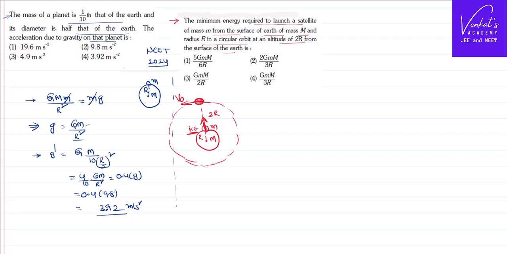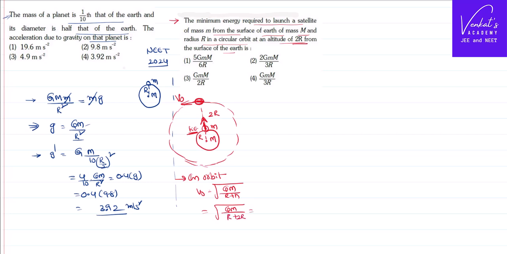So we can use conservation of energy. First of all, being in orbit, it has an orbital velocity v0 equal to root of GM by r plus h. h is the height from the surface, which is given as 2R in the problem.